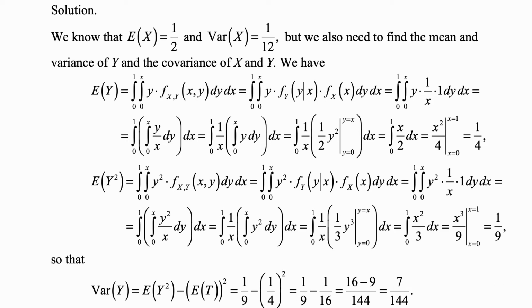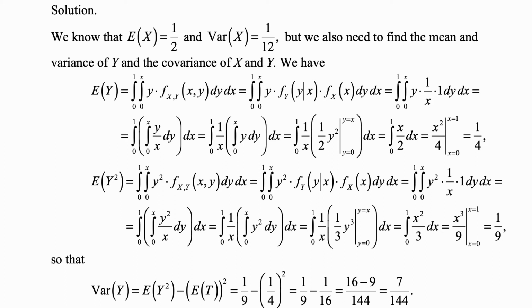The second moment of y is the same type of integral, but of y squared, so we do all the same things. And we end up with the integral from 0 to 1 of 1 over x, of the integral from 0 to x of y squared dy dx. Of course, that's 1/3 y cubed evaluated from 0 to x. So we end up with the integral from 0 to 1 of x squared over 3.